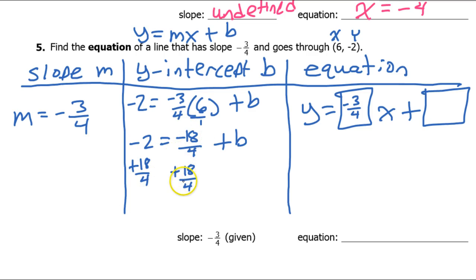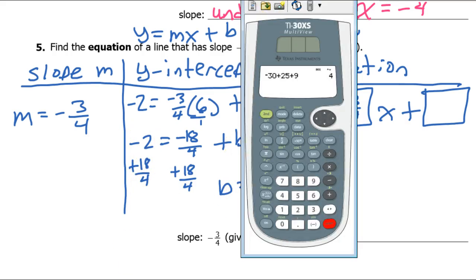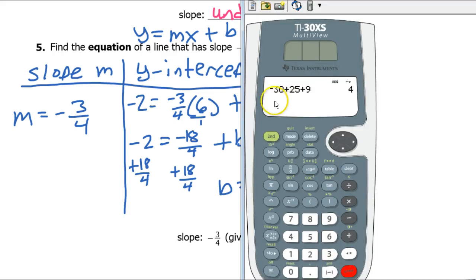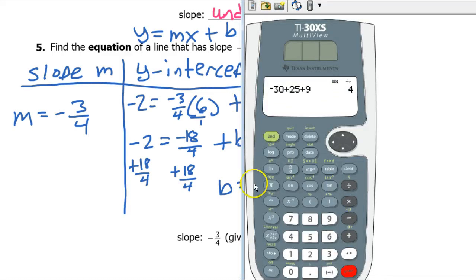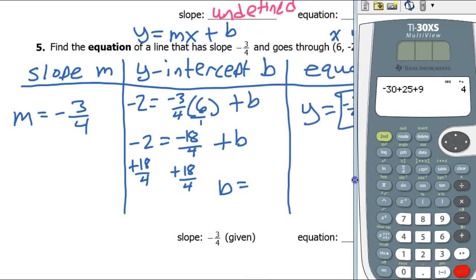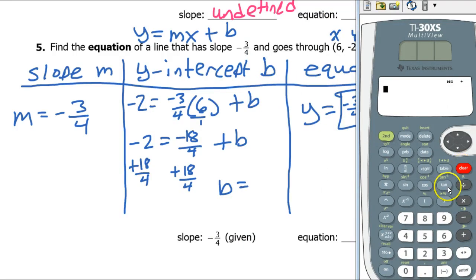Okay, in order to cancel these out. I mean, I could have reduced this down to 9/2, but it doesn't really matter. So this is going to give me the b value. I need to add -2 plus 18/4. Luckily, we've got our TI-30 XS multi-view. Oh, whoa. Where'd it go? You killed it. Oh, God.